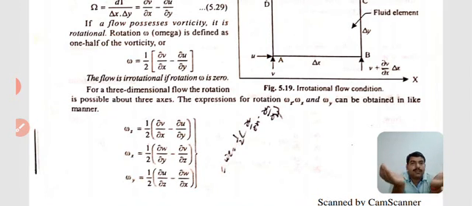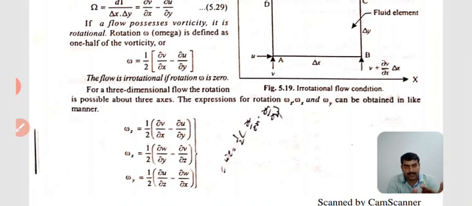That is the rotation along the z axis. Along the x axis it is 1 by 2 of del w upon del y minus del v upon del z, and along the y axis 1 by 2 of del u upon del z minus del w upon del x. That concludes vorticity and circulation.